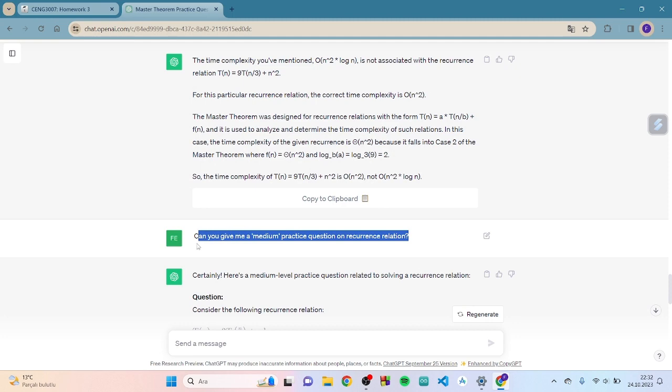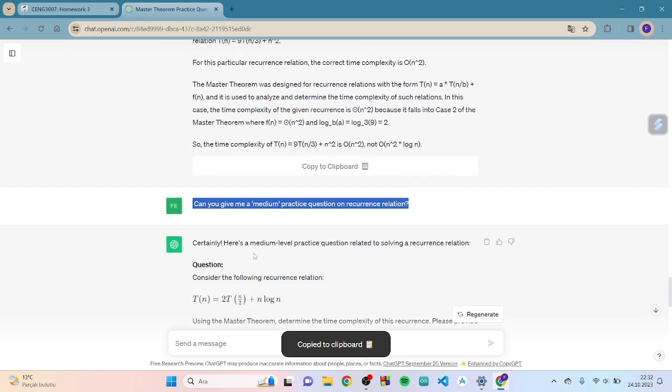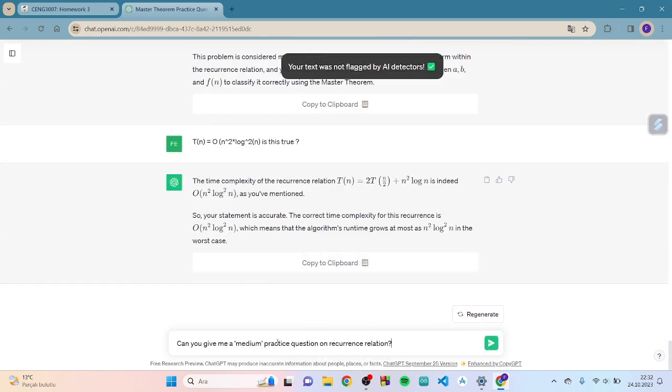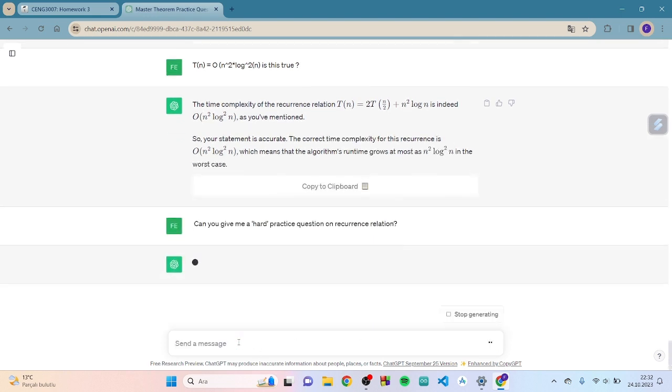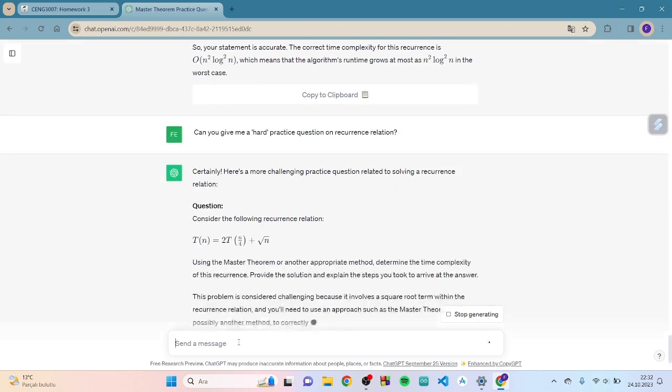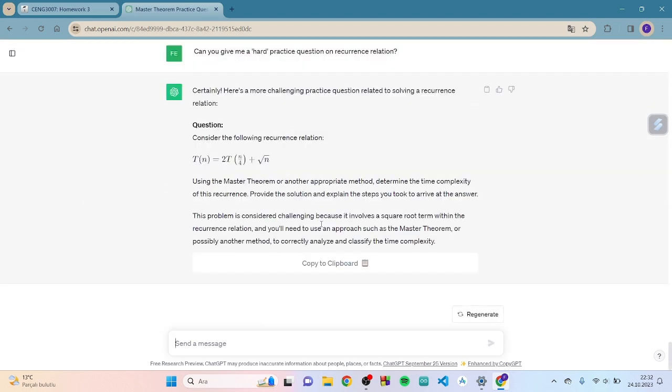And the end of the question is, can you give me a hard practice question on the recurrence relation? Okay. I said a is 2, I know this, b is 4, and f(n) is this one. But I will ask this one because I don't know what is this case.